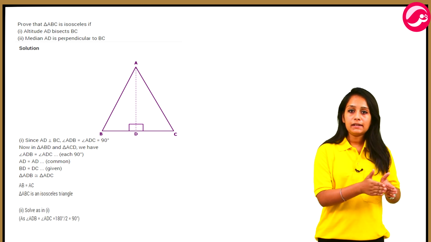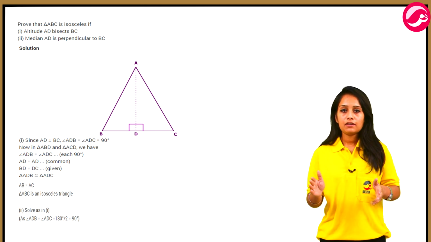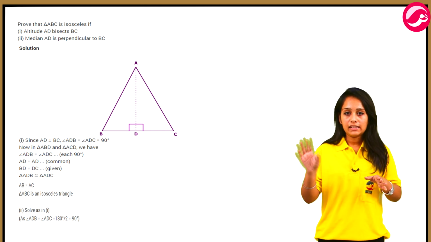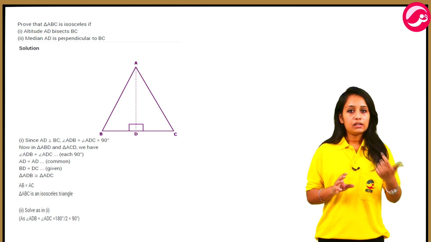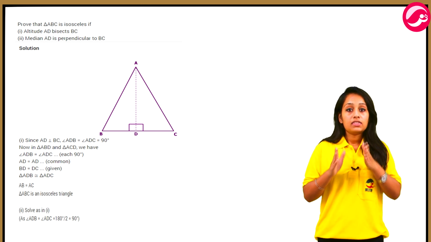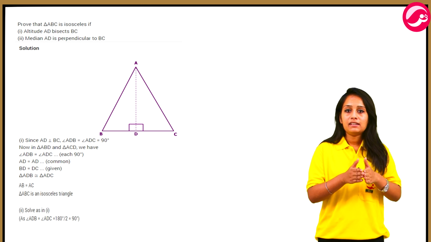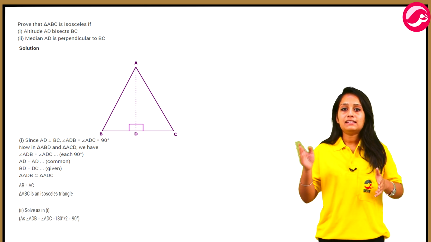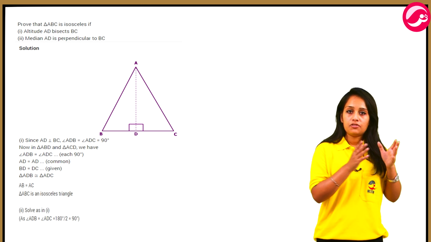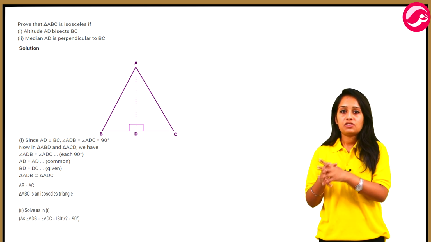Now in triangle ABD and triangle ACD we have angle ADB equal to angle ADC, both equal to 90 degree, and AD equal to AD is the common side and BD equal to DC is given. Therefore triangle ADB is congruent to triangle ADC. Now AB is equal to AC, therefore triangle ABC is an isosceles triangle.